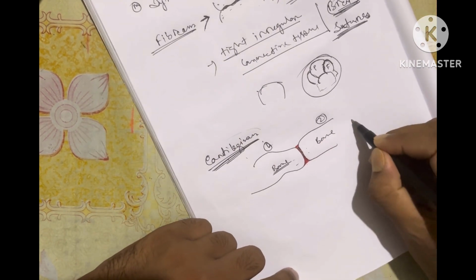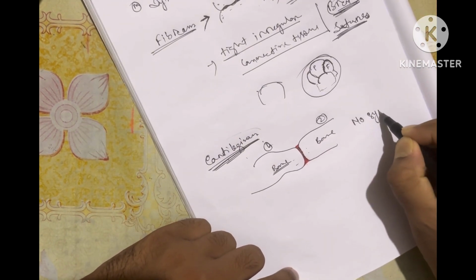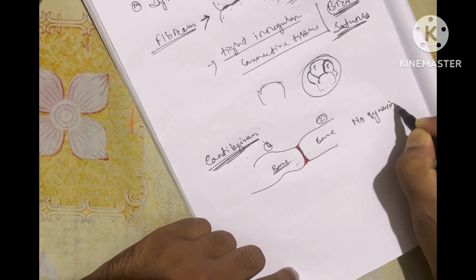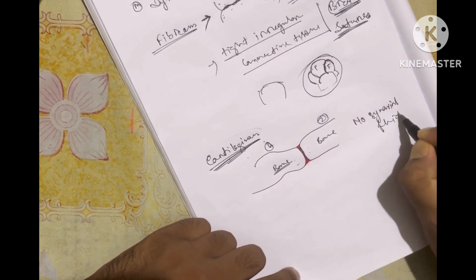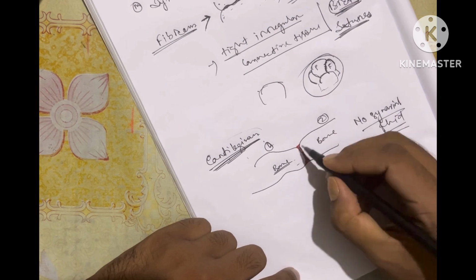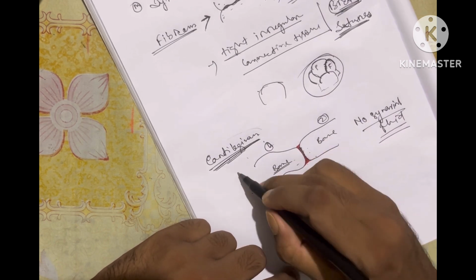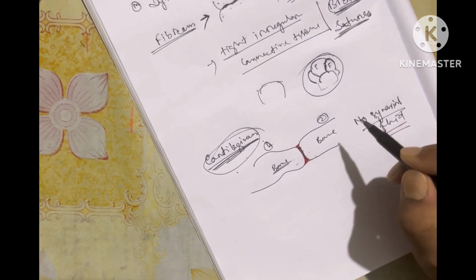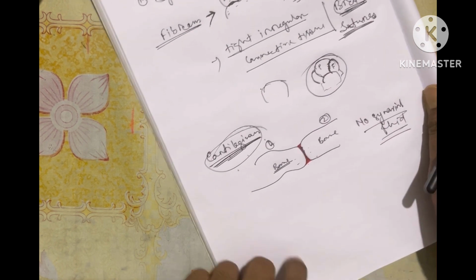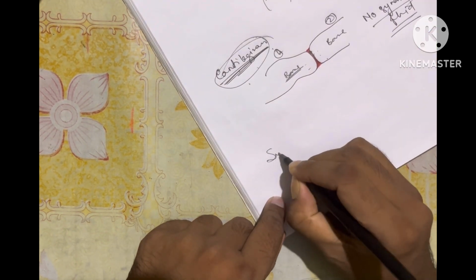Here, synovial fluid is not present, but cartilage is present. As the cartilage is present, that's why this classification is named cartilaginous joints. Next one is synovial joints.